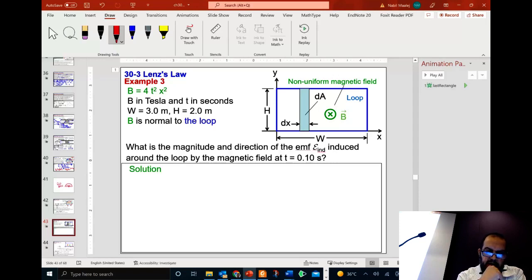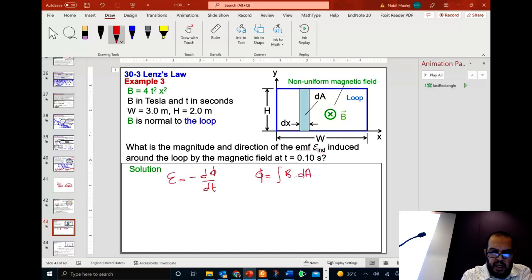So first of all, the induced EMF is minus the derivative of the flux with respect to t. So let me first determine the flux. The flux is the integral of B dot dA. Now, can I simplify this B dotted with dA?